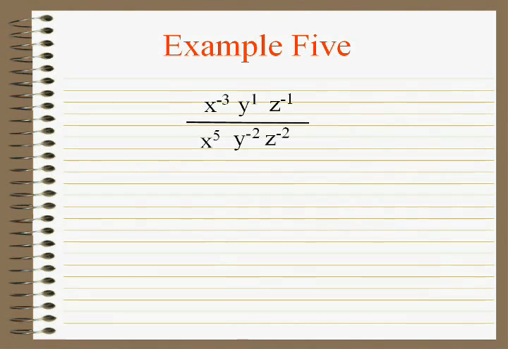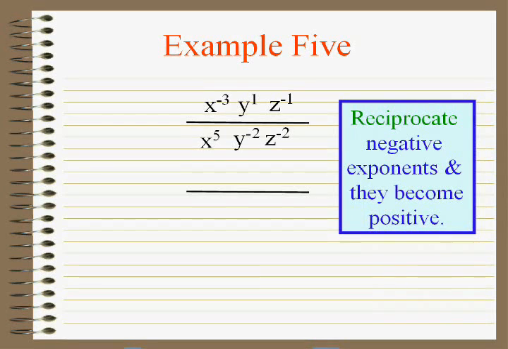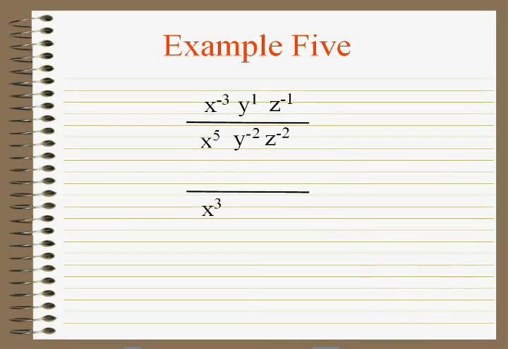Starting to sneak up on you here, getting a little difficult. You have to remember to only reciprocate the negative exponents. Let's do a little bit at a time here. What are you going to do with him? He's going to go downstairs. Any of this sinking in, boy? What's going to happen with y to the first? Well, he's not negative.